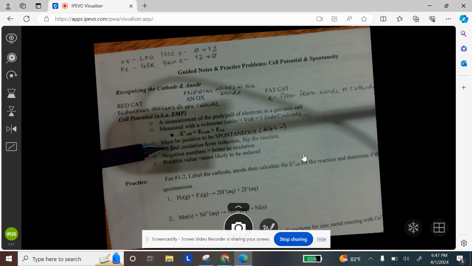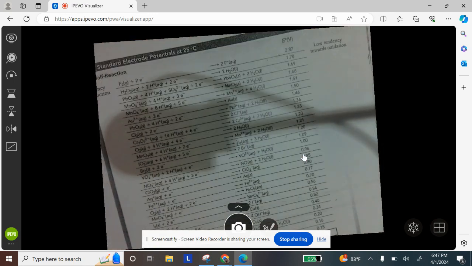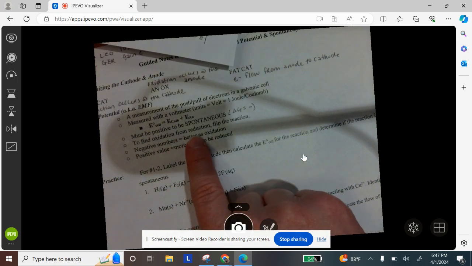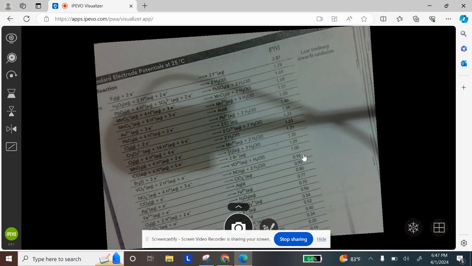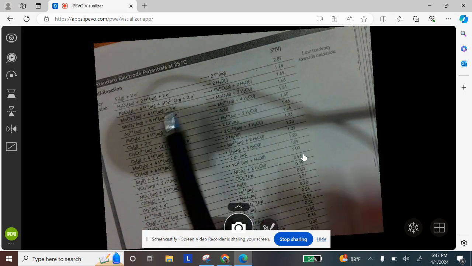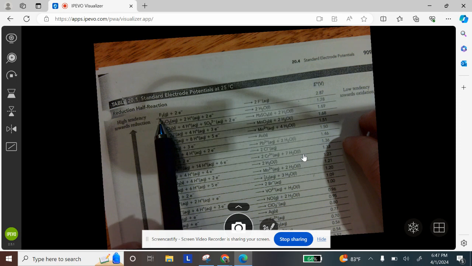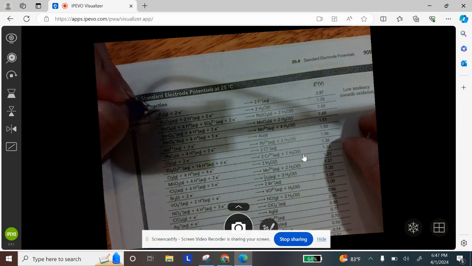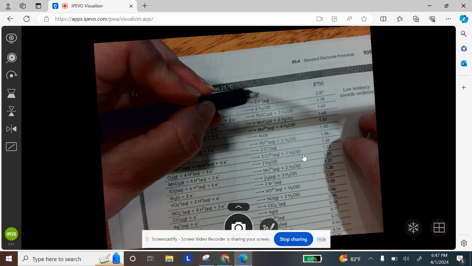Okay, so that's just a relationship that you're going to have to know. All right, so to find oxidation from reduction, flip the reaction. Here's what that's talking about. So you'll have a table, and if it's a question on the AP exam, they'll just give you the values. But these tables here are the reduction potentials. So if you're trying to find the oxidation from the reduction, you just flip it. So you can see that this fluorine is going from 0 to -1.